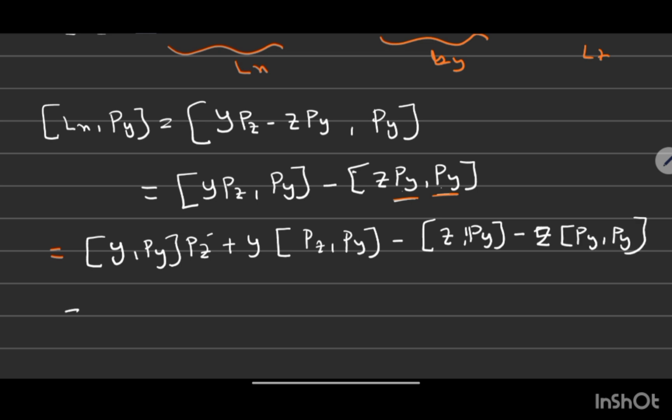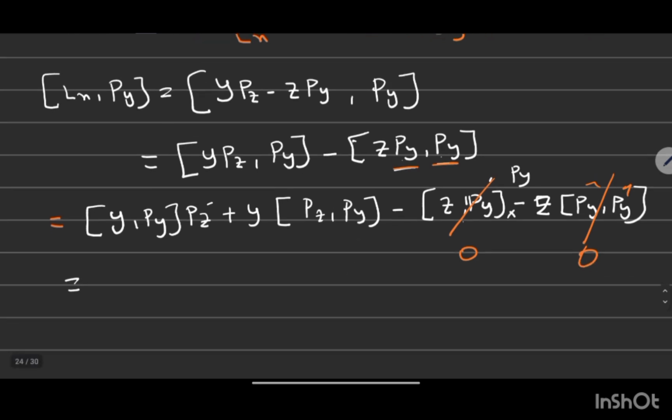Here you can see that they two commute with each other. I forgot to multiply [z, py], again one more py will be there. These two will commute with each other, so this becomes 0, and again the same operator commutes with itself, so this becomes 0. So we need only these two terms.